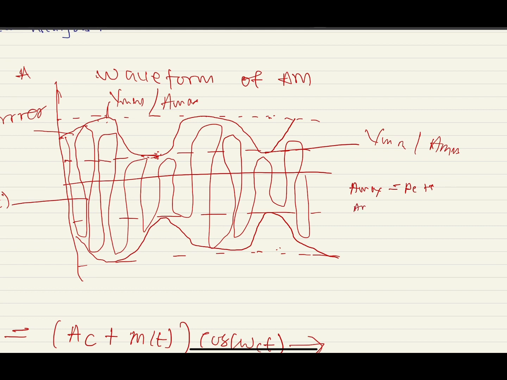And then A min, we assume that it was minus 5, so we subtract and we get A min, right?